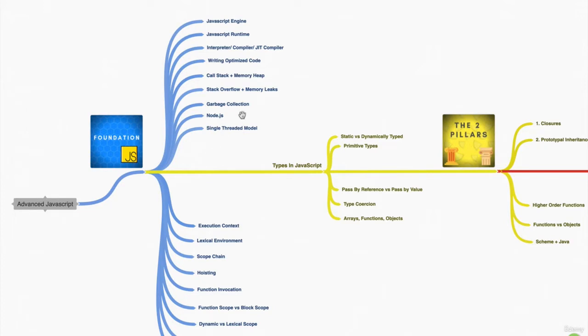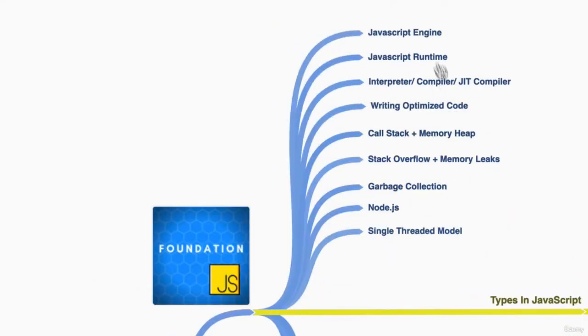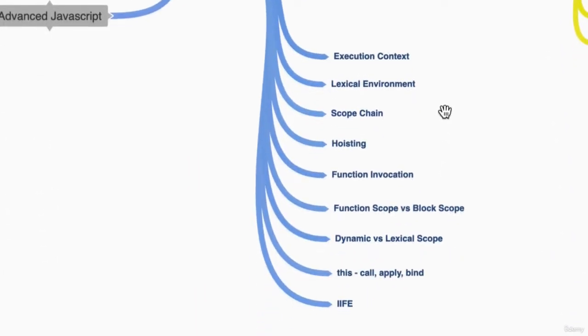We'll start diving quite deep into things like the JavaScript engine, the runtime, talking about interpreters, compilers, JIT compilers. Going to talk about all these topics, some of them quite advanced, and then dive deep into the language itself, talking about some of the key terms that you may have heard but not fully understood, like execution context, lexical environment, dynamic versus lexical scope.